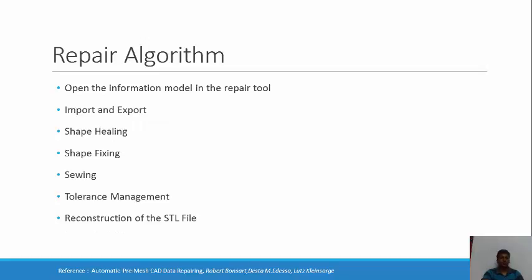Now, in order to minimize all these defects, we come up with an algorithm, and this algorithm is known as a repair algorithm. Firstly, these are the steps that the algorithm follows. The first one is opening the information model in the repair tool. It is essential to precisely understand the difference between geometry and topology to work with the repair tool.